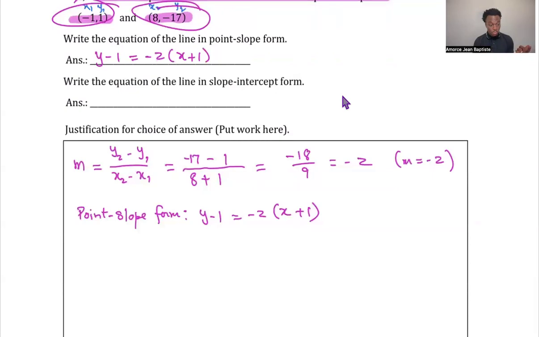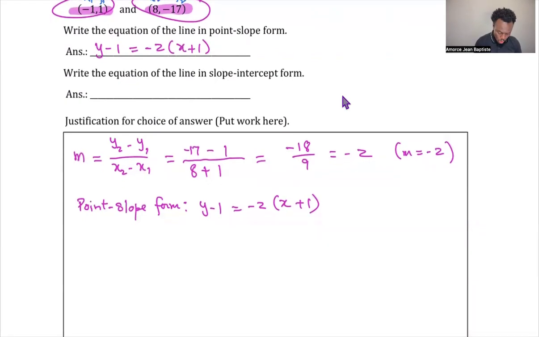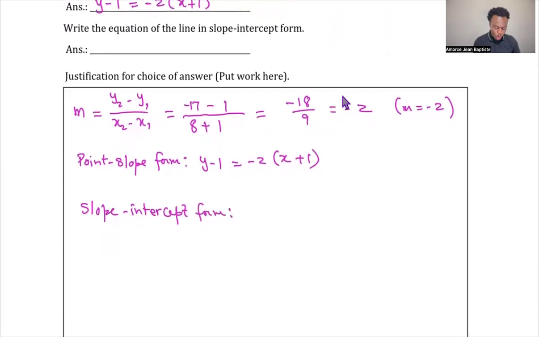Not done, because we are told to find the slope-intercept form. We remember how to find the slope-intercept form is to solve for y. So slope-intercept form: I'm going to add 1 on both sides, and then distribute this coefficient, which was the slope of the line.